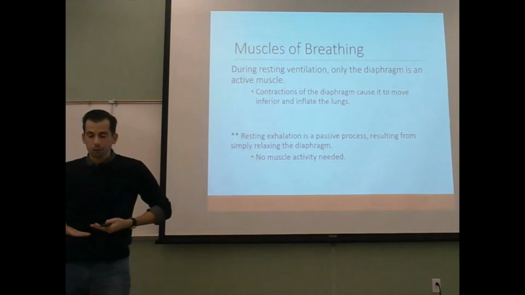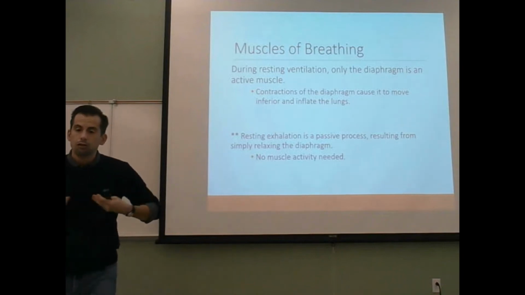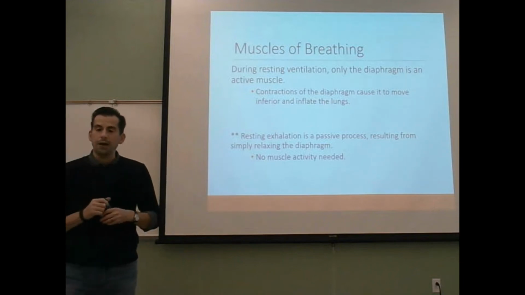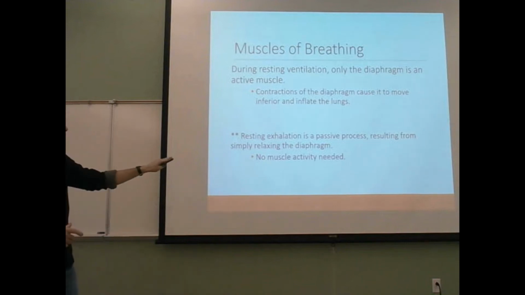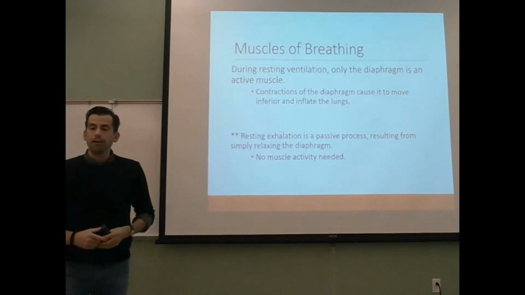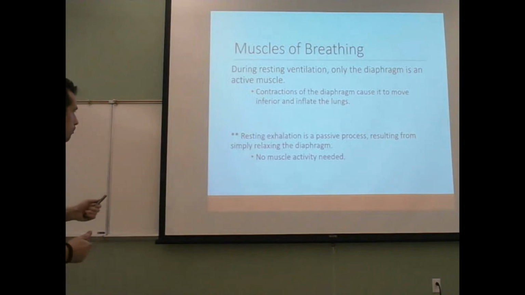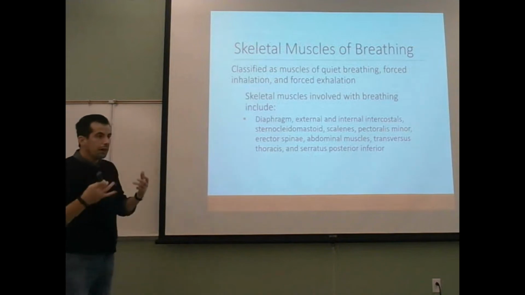Once you relax that diaphragm, it passively moves back up to a resting length. The rib cage, because of the elasticity in that hyaline cartilage, folds back in passively. So we require the diaphragm for a resting breath in. For a resting breath out, all we need to do is relax the diaphragm and everything will happen in a passive process. That's quiet breathing, relaxed breathing.